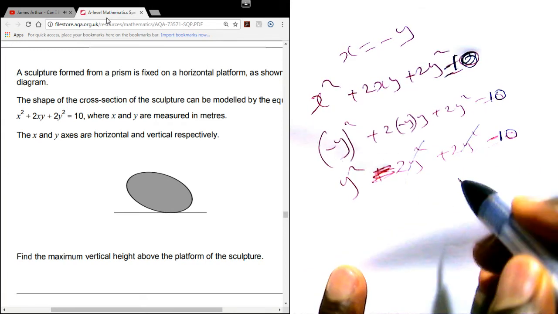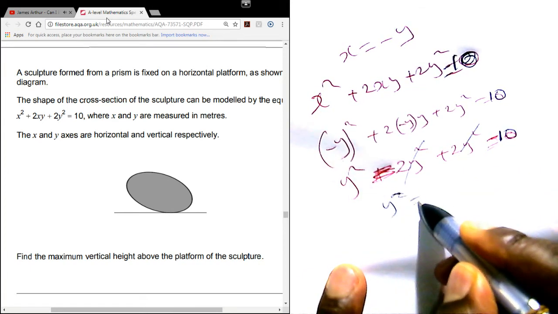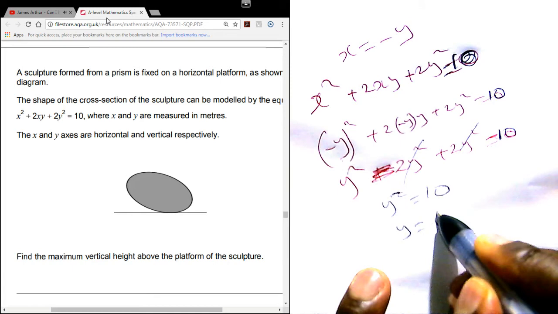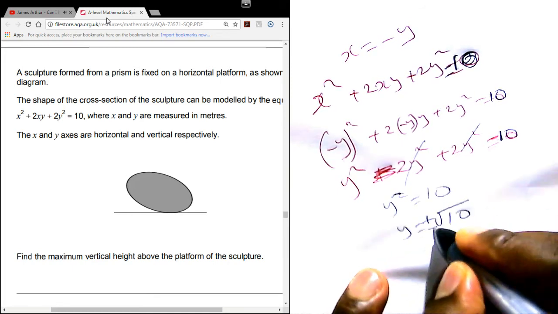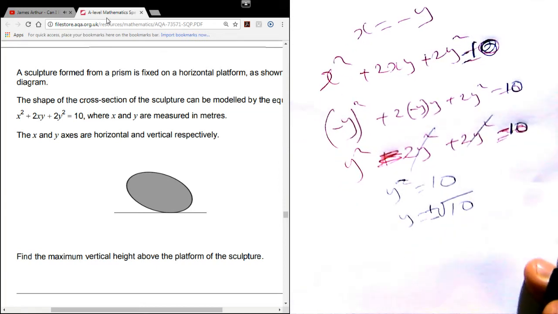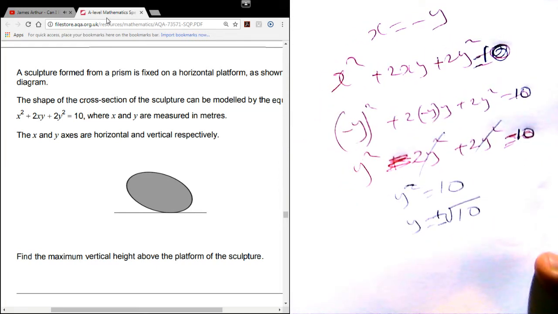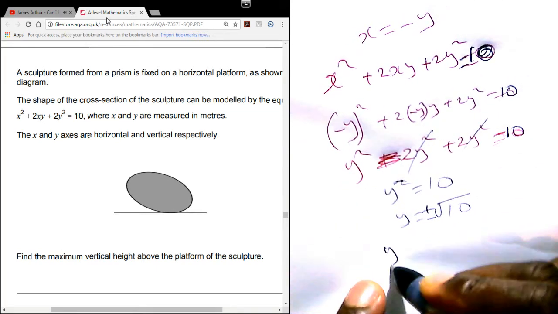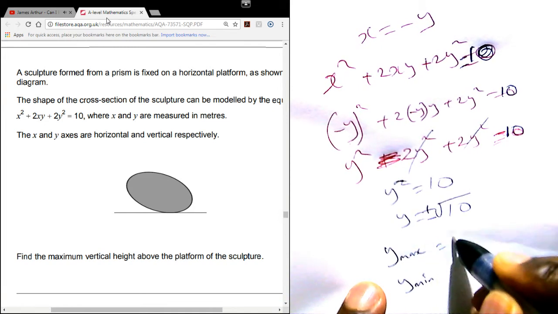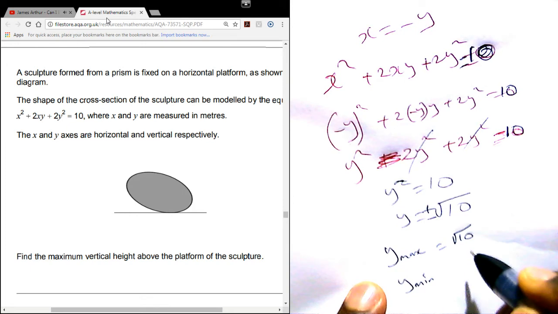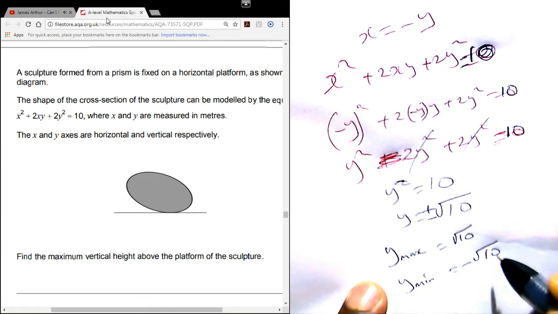So this cancels this, y squared equals 10, y is therefore plus or minus square root of 10. If y has to be plus or minus root 10, then that tells you that the maximum and the minimum point would happen when y is positive root 10 and when y is negative root 10.